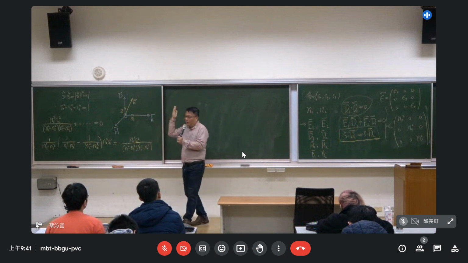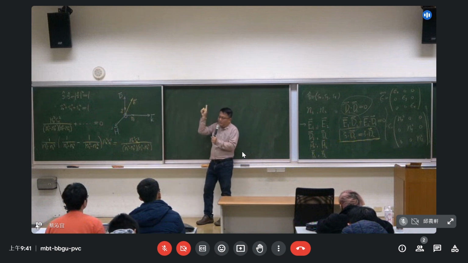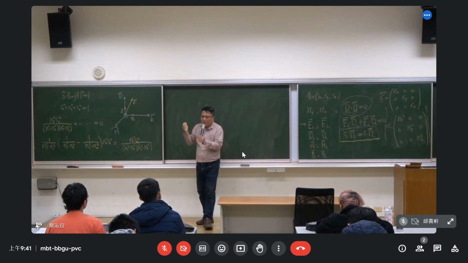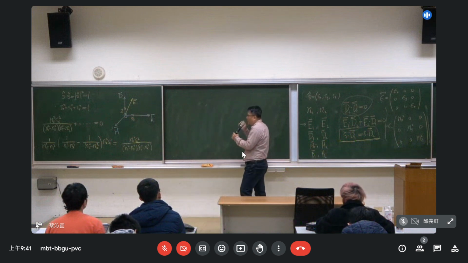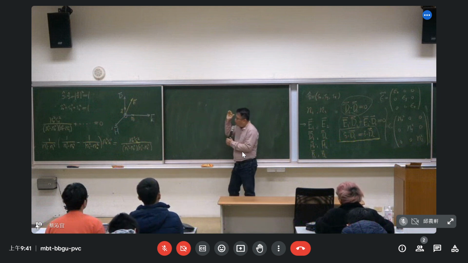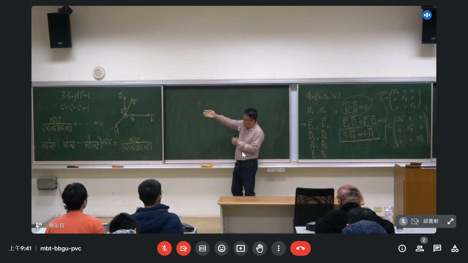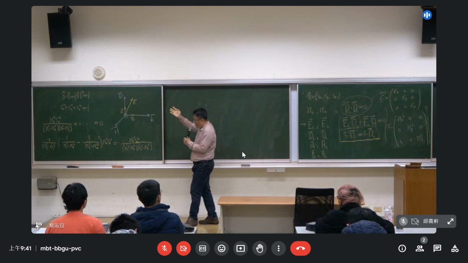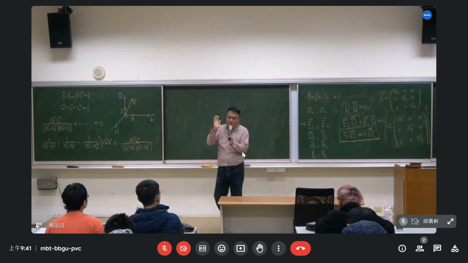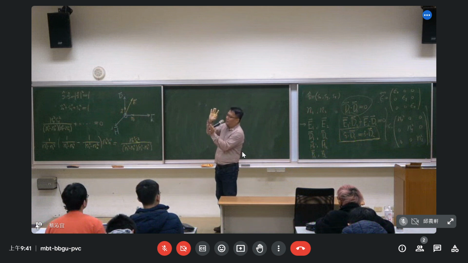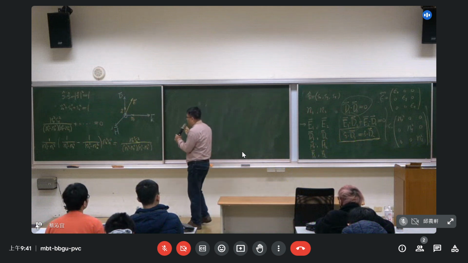So the E vector can rotate to different directions, but we still have the same refractive index. However, in an anisotropic medium, when we are given a propagation direction, the S vector or k vector, we have two eigen polarizations.